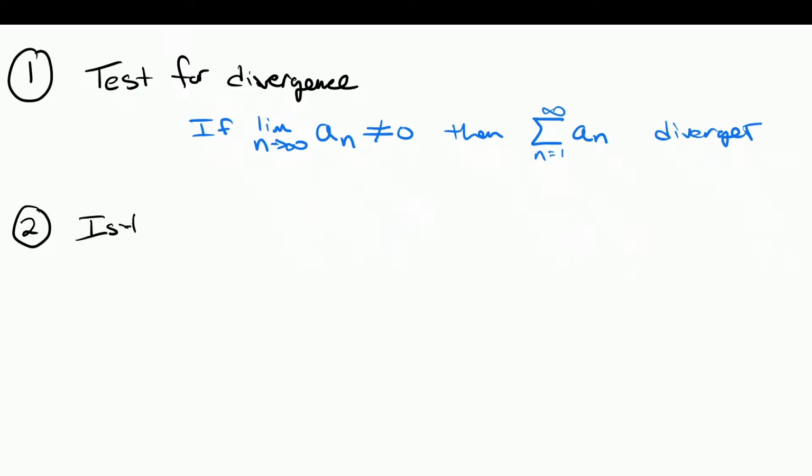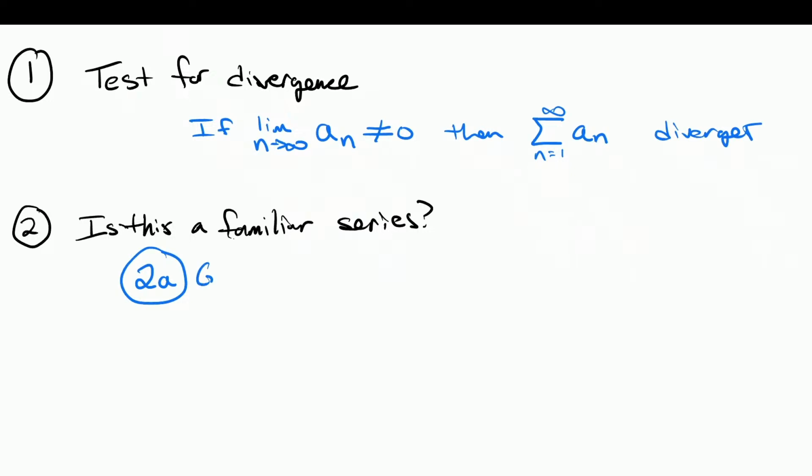Number 2, the second thing that you're going to do is ask: is this a familiar series? What does this mean? Here, I'll do this in 2 parts. 2a, geometric. If it's a familiar series, then you just have to apply whatever rules you know for the familiar series. 2a, geometric.